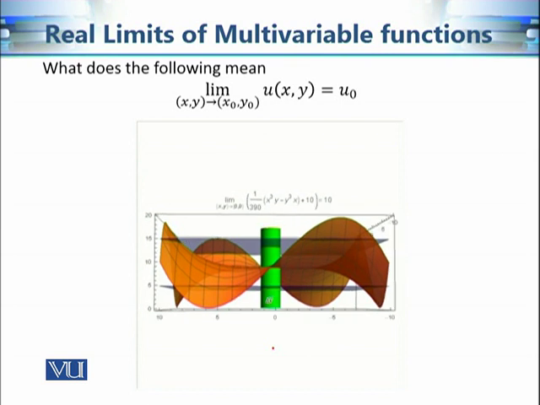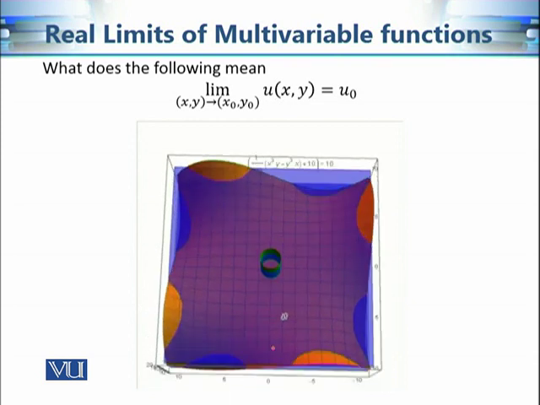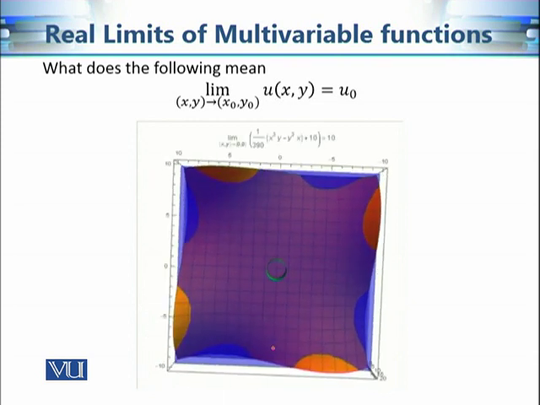So if we say that the functional values are less than epsilon away from u0, in other words, we want to say that the functional values lie between these two sheets, and we can see that for the values inside this small circle, which is a subset of the domain, all the functional values lie between these two blue sheets. And of course, if we vary epsilon and if we can find some subset of the domain corresponding to every epsilon, then we say that this is the limit.